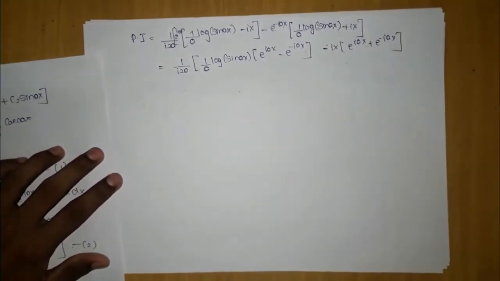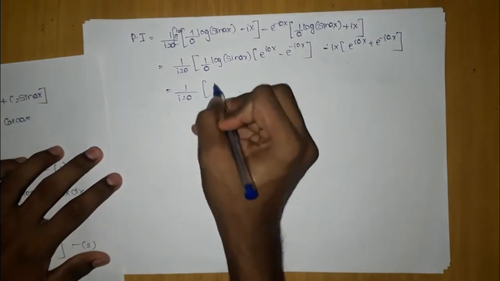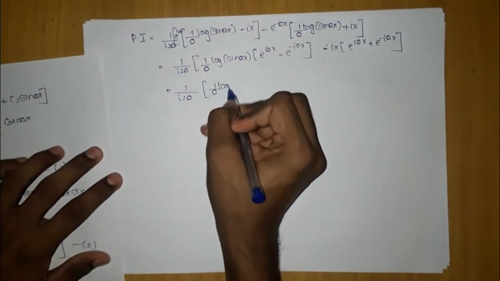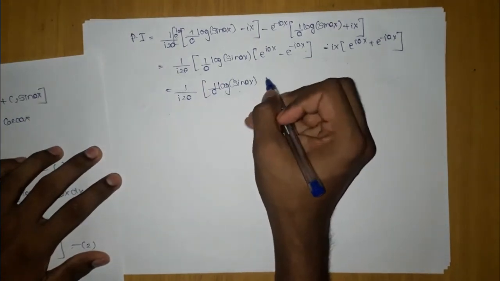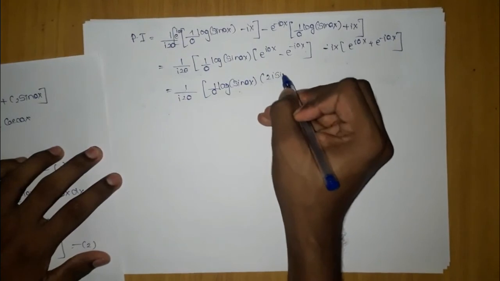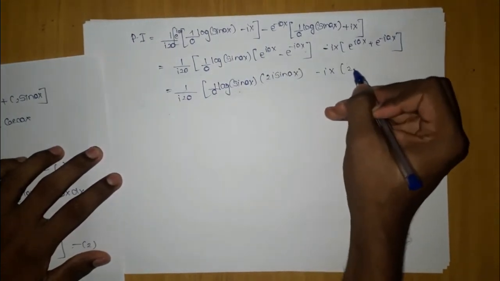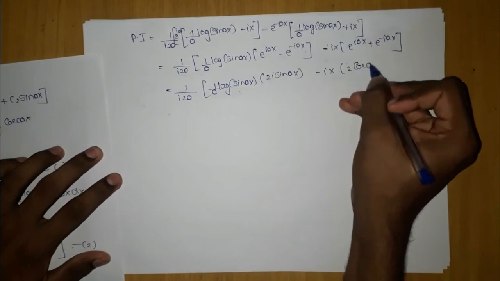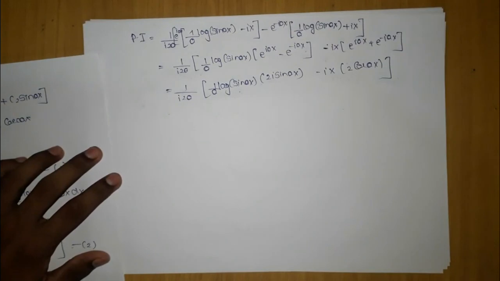So if I write the answer, it will be nothing but 1 by 2ia, bracket, 1 by a log sin ax into 2i sin ax firstly, minus ix into 2 cos ax. So we are getting this as our final answer.